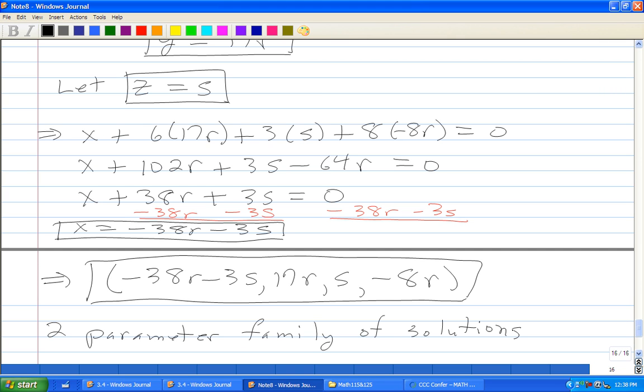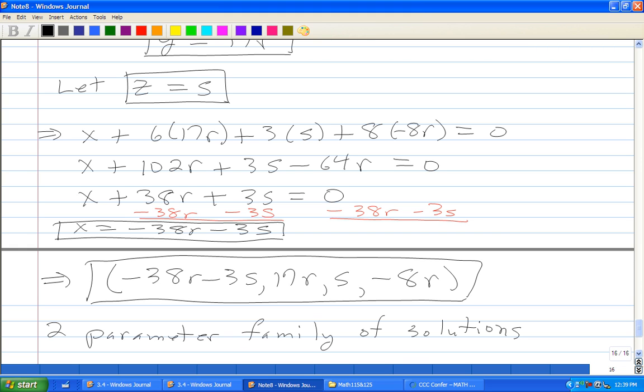This will be a plane in 3 dimensions. And so this is a two-dimensional plane in the XYZ. Okay.